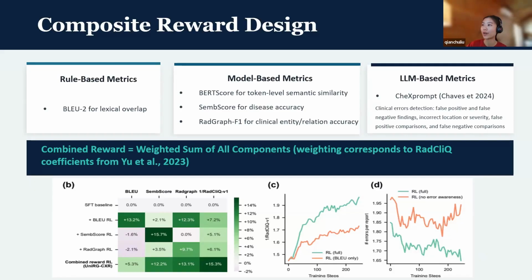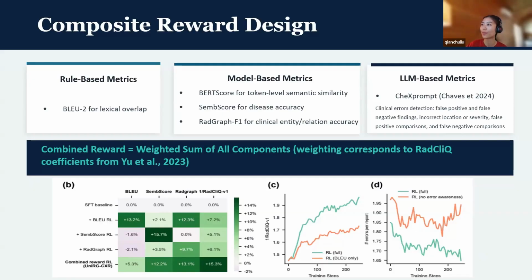Following the setup from SembScore, we calculate the CheXbert vector similarity for that. So that will give us some idea of the disease diagnosis accuracy from the output report. And then we include the RadGraph F1 score, which annotates the clinical entities and relations from the output and the ground truth.